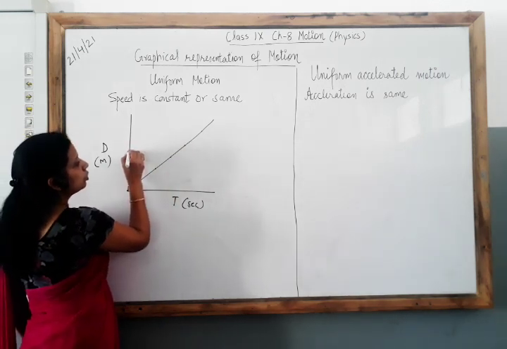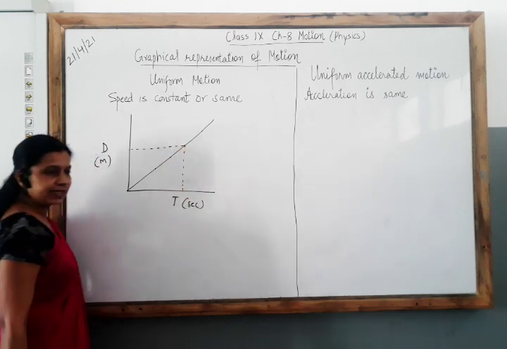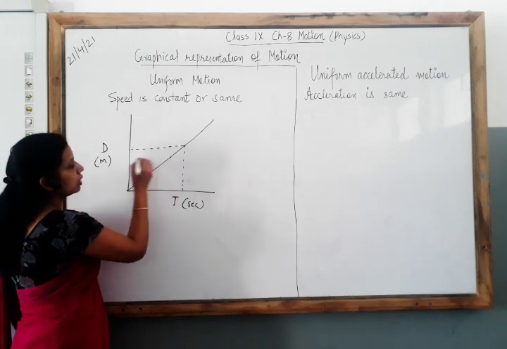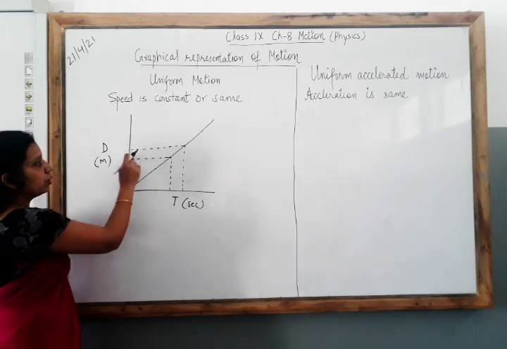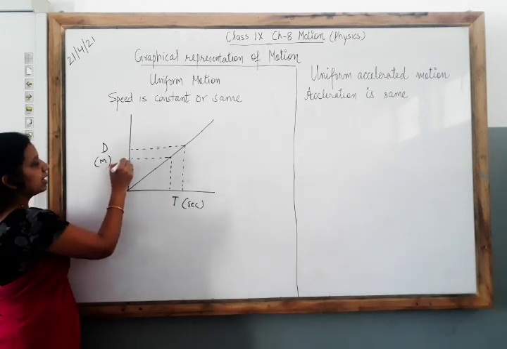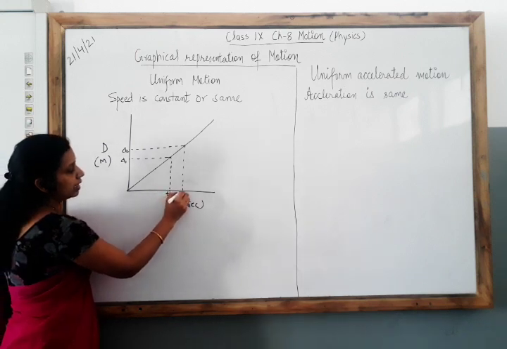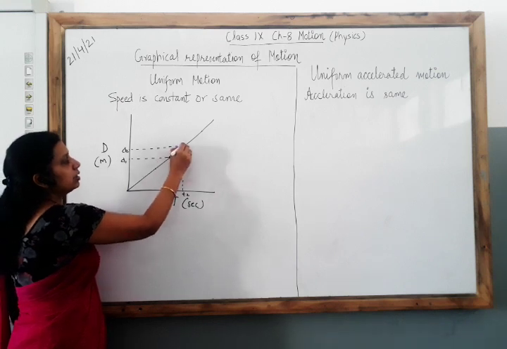Now you have to draw two perpendicular lines, one on the y-axis, one on the x-axis. Similarly you can choose any other point, let's say this one, and draw two perpendicular lines. Corresponding to these points, I can write this as D1, this as D2, this point as T1 and this as T2.